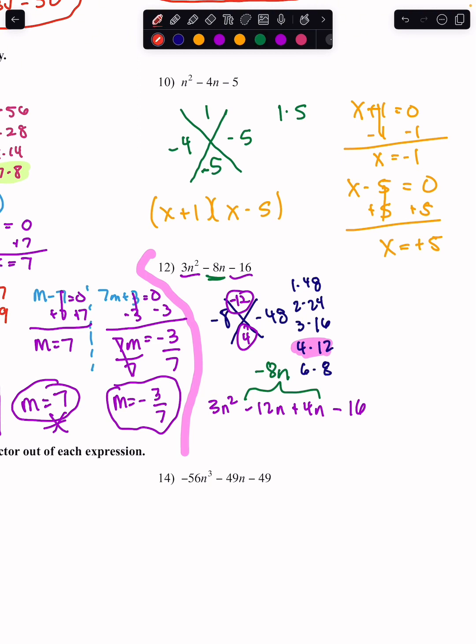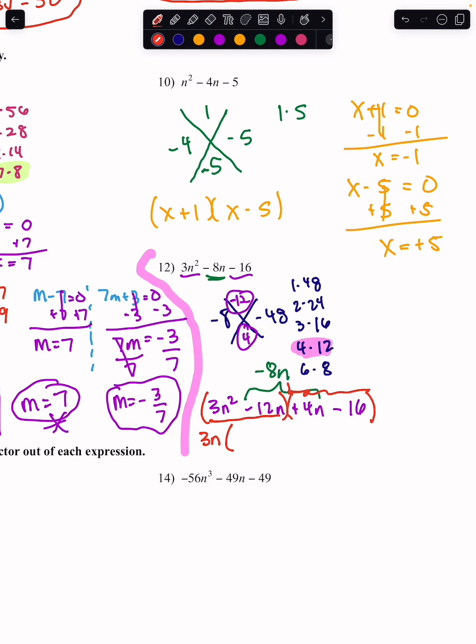And then for those who I showed grouping, remember, put those in their parentheses first, group these, and then you're going to pull out the greatest common factor of each parenthesis. So we're going to pretend we don't see this side over here. And the greatest common factor of this first parenthesis is 3n.